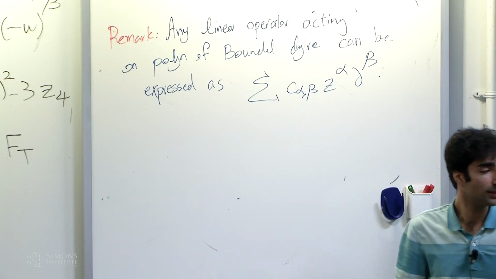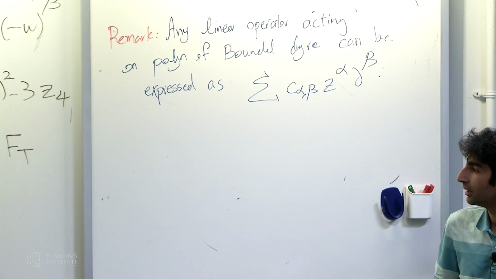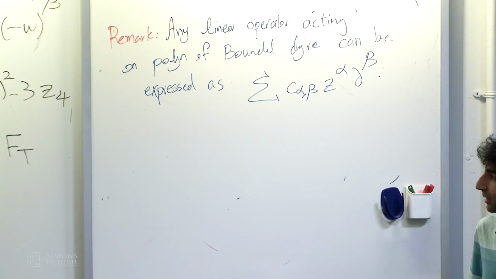Is there any intuition behind the construction of a Q polynomial? I mean, why is that partial del replaced by minus W?